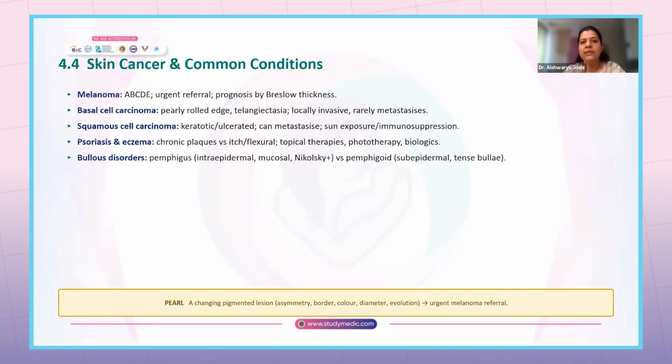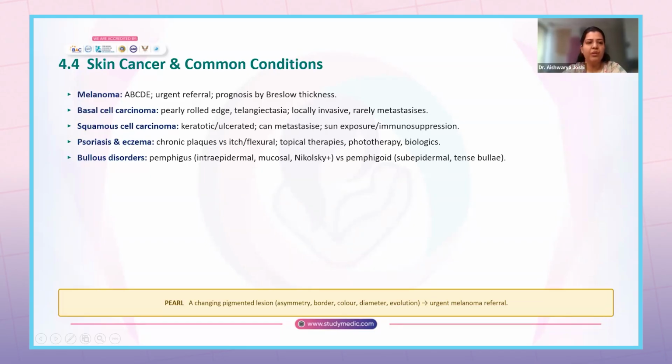Basal cell carcinoma is a rolled edge tumor, very common on the face, lateral to the ala nasi. It can present with telangiectasia also. Squamous cell carcinoma presents as a keratotic ulcerated lesion, and it is highly metastatic. The underlying cause is sun exposure or even immunosuppression.